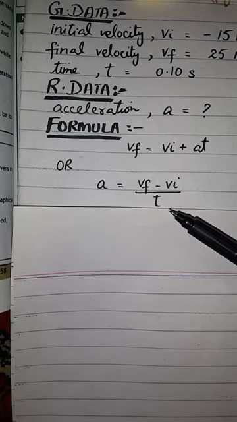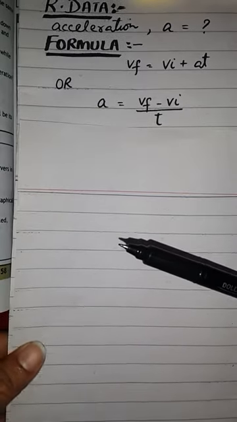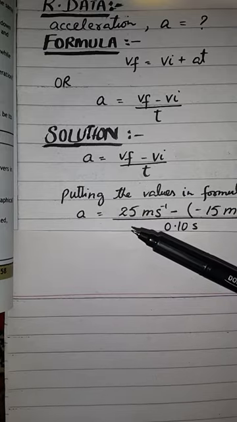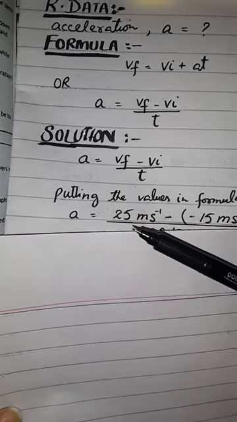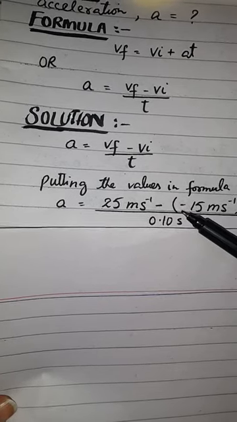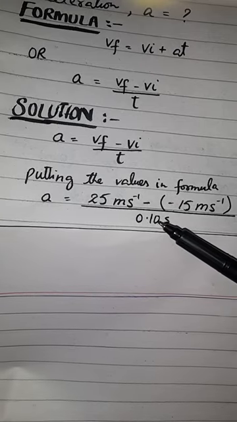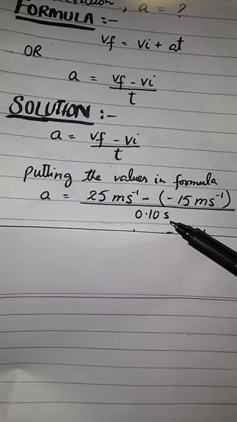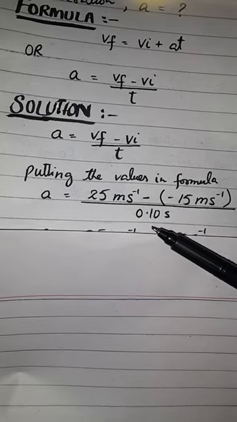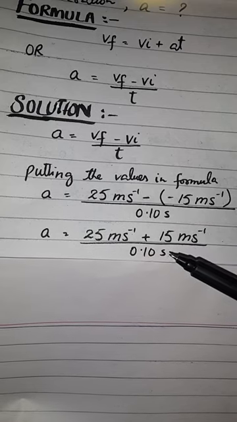Now in the solution we calculate it by putting in the values: A equals 25 meter per second, minus VI, that is minus 15 meter per second, divided by the time, 0.10 second. Here minus minus becomes plus, so we can write 25 plus 15 meter per second, divided by 0.10 second.